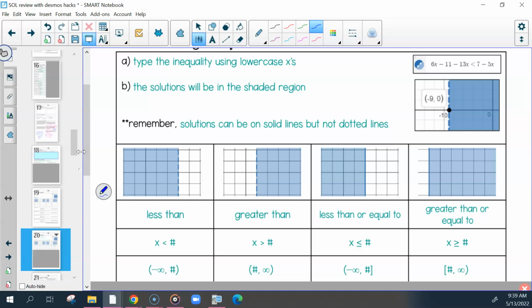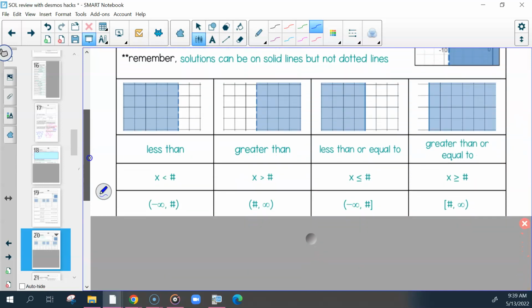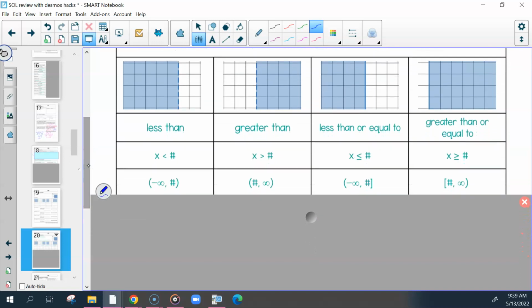Less than or equal to would be x is less than or equal to that number, or negative infinity to that number with a square bracket. And then greater than or equal to would be x is greater than or equal to that number, or that number with a square bracket to infinity.